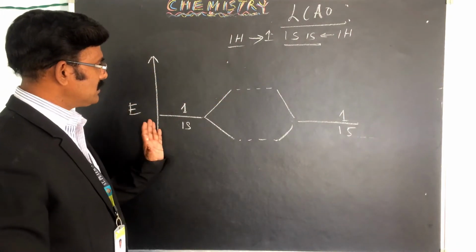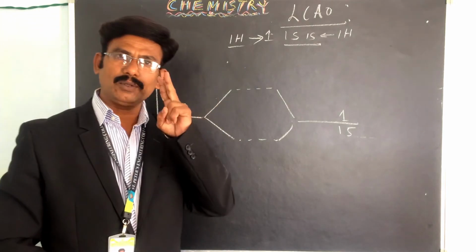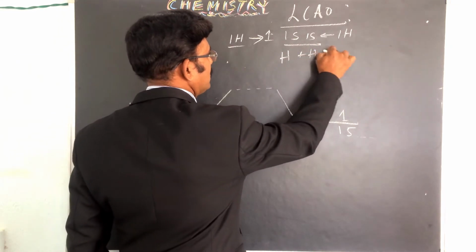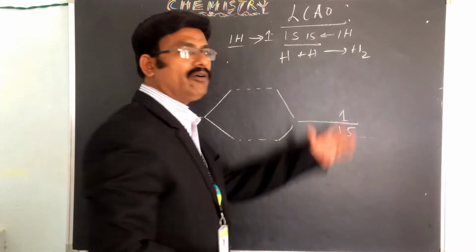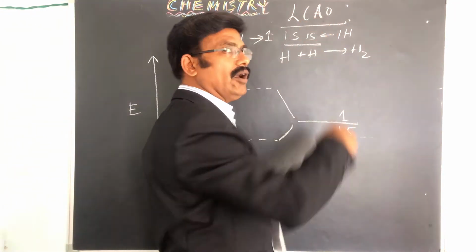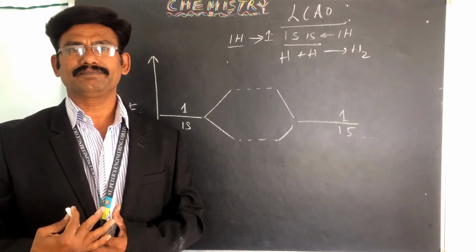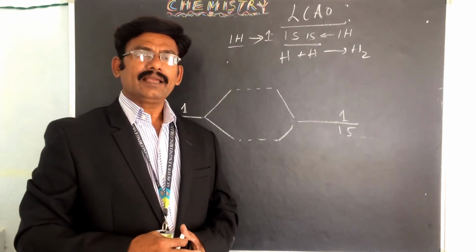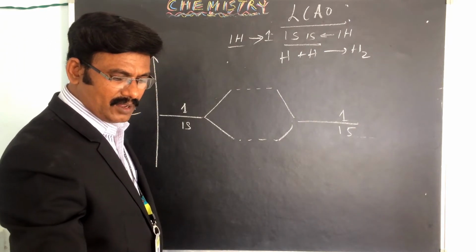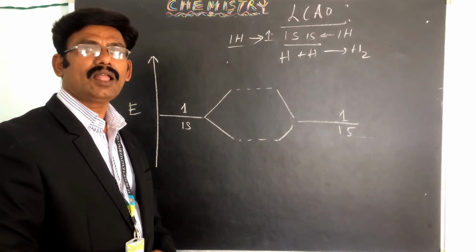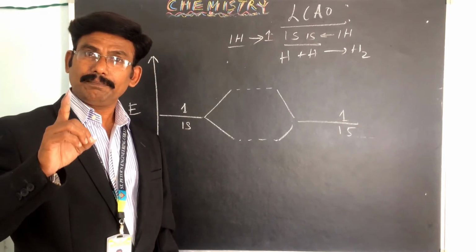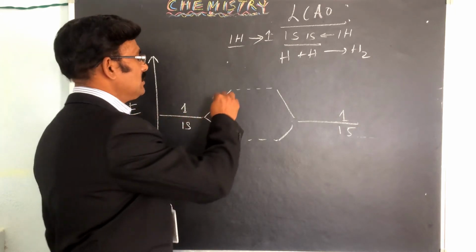So two 1s mean two hydrogen atoms combined, hydrogen plus hydrogen to form H2. How is it formed? According to linear combination of atomic orbitals. See, here the formation takes place. How is it formed? One is the plus, we know that plus and minus.